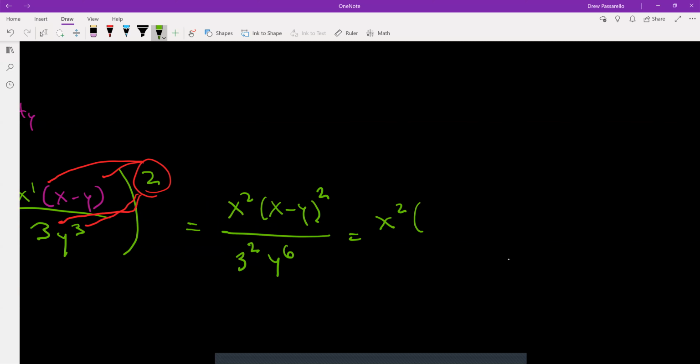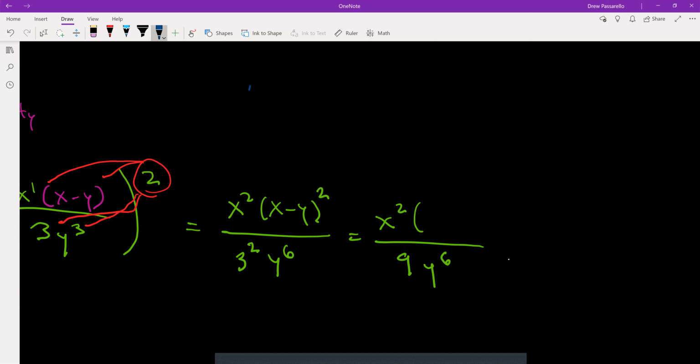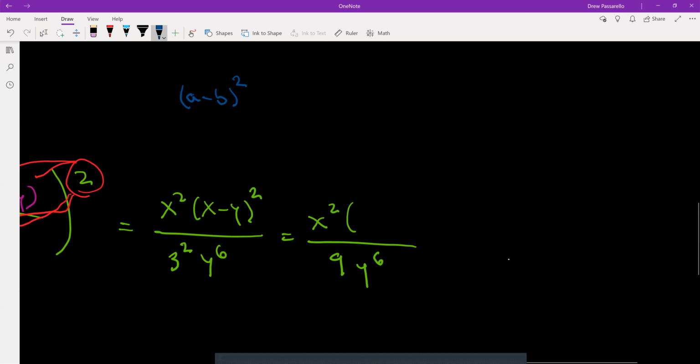Okay, and then you would multiply x minus y squared out. And on the bottom first, 3 squared is 9, so that's 9y to the 6. Now the algebra is prerequisite, but in algebra there's a formula that anytime you have a minus b squared, that turns into a squared minus 2ab plus b squared.